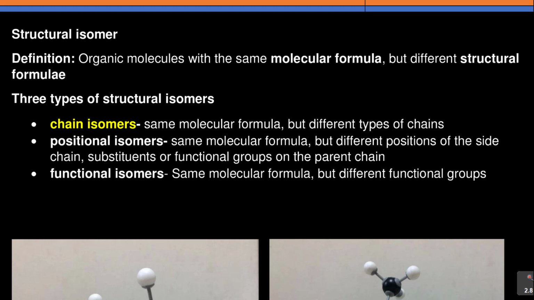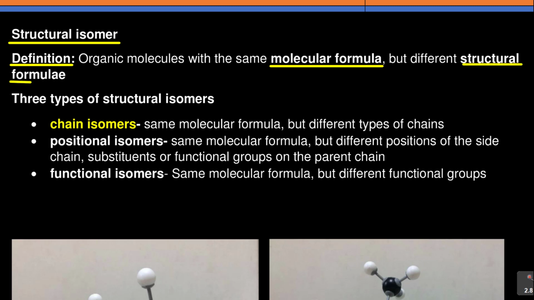As your knowledge of organic chemistry gets deeper and deeper, let us look at structural isomers. When we are looking at structural isomers, we need to know what an isomer is. These are organic molecules with the same molecular formula but different structural formula.